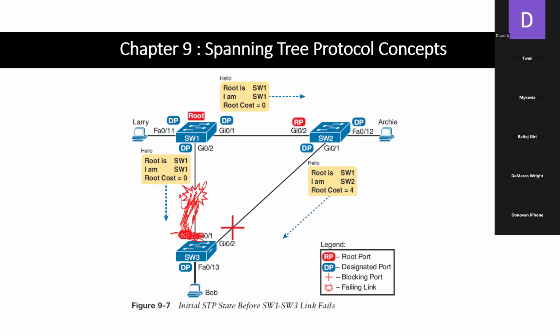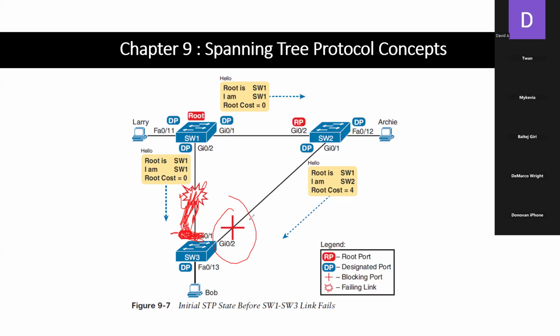So now what does switch three do? Switch three starts to reevaluate, because we still need to send out frames. We have end users connected to us, so we still need to forward frames. What you learned in the previous two sections, apologies, is that even though gigabit 0/2 on switch 3 is still in the blocking state in regards to forwarding frames, that does not mean it is not receiving BPDUs.